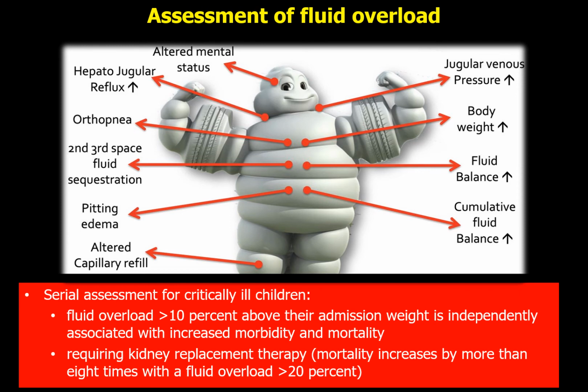As illustrated here, the assessment of fluid overload includes altered mental status, hepatojugular reflux, orthopnea, second or third space fluid sequestration, pitting edema, altered capillary refill. Also, take note of the cumulative fluid balance, which is usually raised, weight gain, and increased jugular venous pressure.